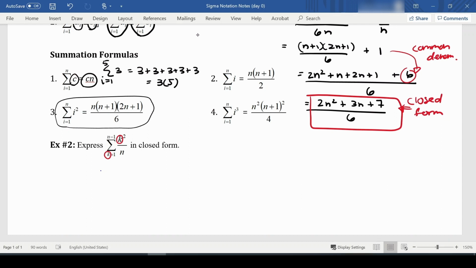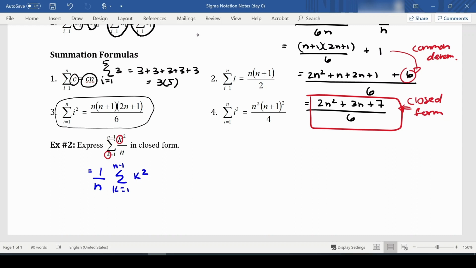So here, we don't have anything adding or subtracting, so we're not going to be able to use that second summation property. But we do have a constant. The thing that's changing is our k, which means this n is a constant, and I can bring that out in front and be left with k squared.